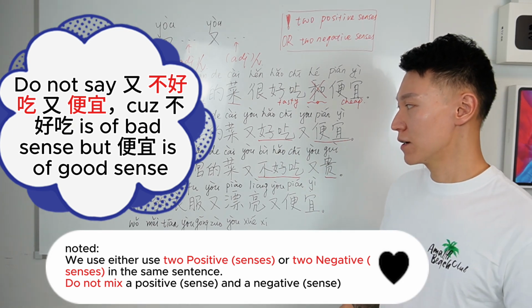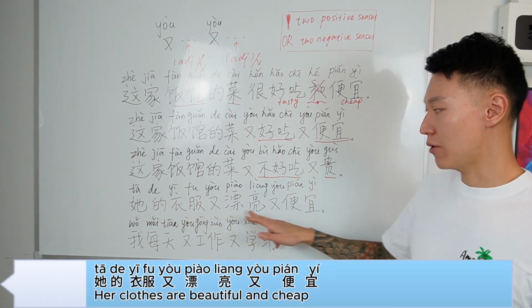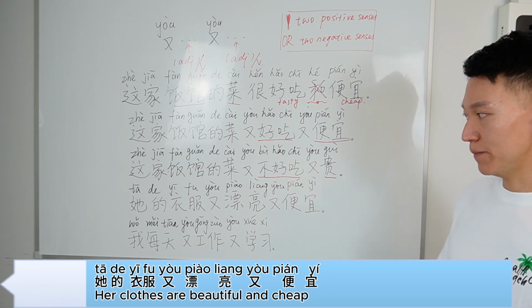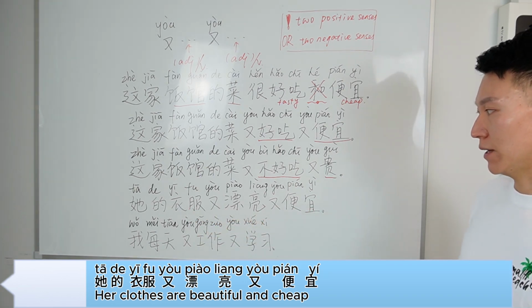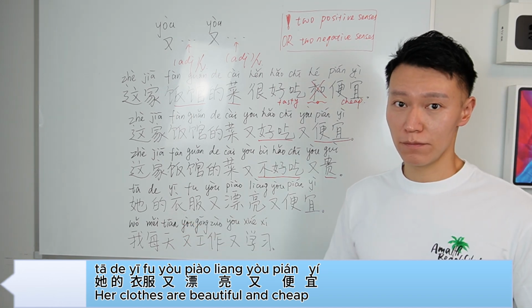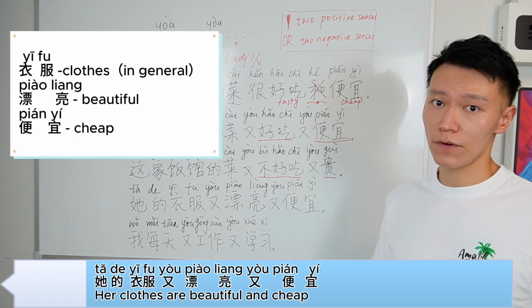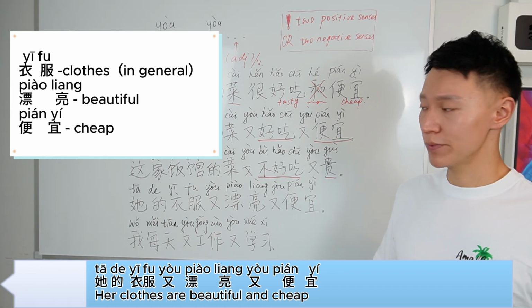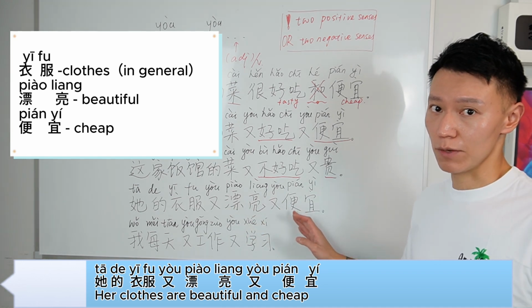Alright, next one. 她的衣服又漂亮又便宜。衣服 means clothes. 漂亮 pretty, beautiful. 便宜 cheap. So her clothes are beautiful and cheap.